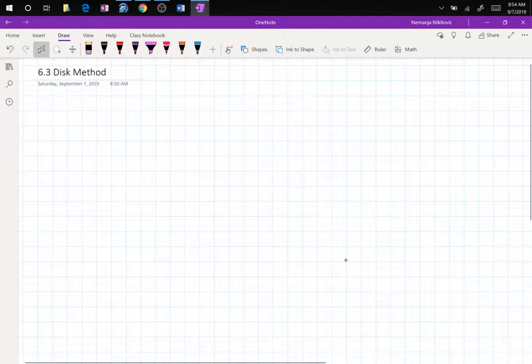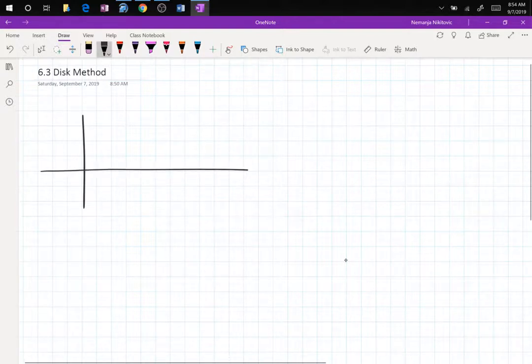So if I take this line like this and rotate around the x-axis, I am going to get this line on the other side as well.